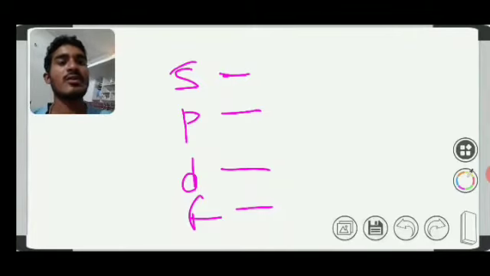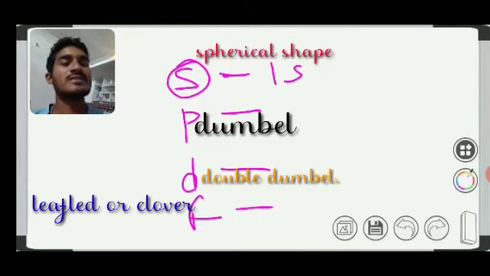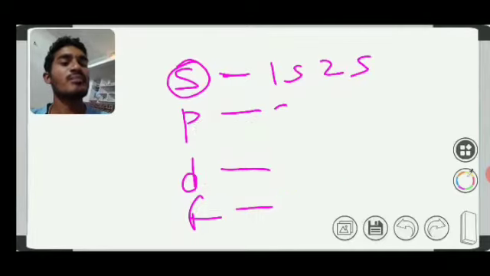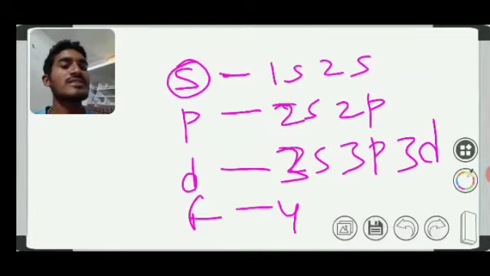The first shell has 1s, the second has 2s and 2p, the third has 3s, 3p and 3d, and the fourth has 4s, 4p, 4d.